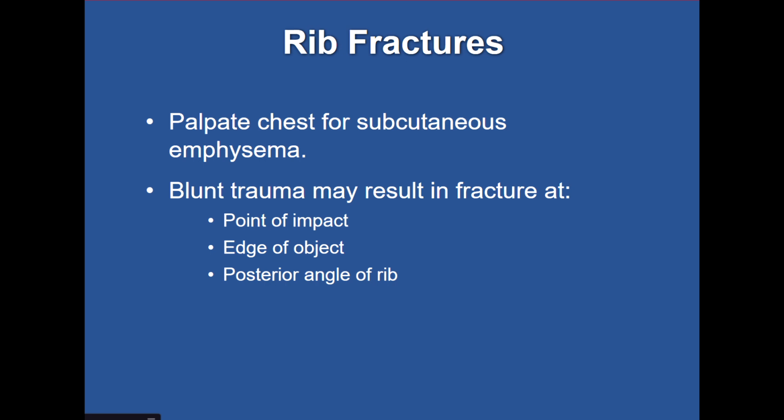Like we mentioned, when we're assessing the chest, we have our hands on the chest, we're palpating, we're looking for DCAP-BTLS. We're also looking for that subcutaneous emphysema, that tenderness, instability, and crepitus that we talked about. And a blunt fracture can actually cause an issue right at that location, that point of direct impact, and it can also travel.